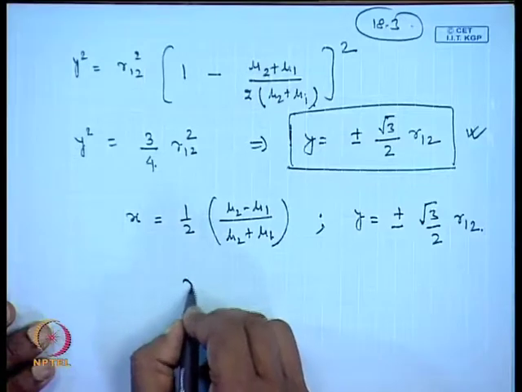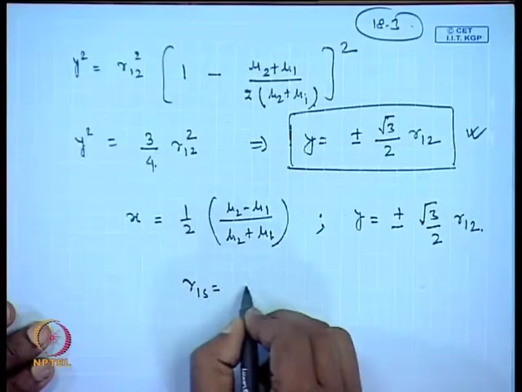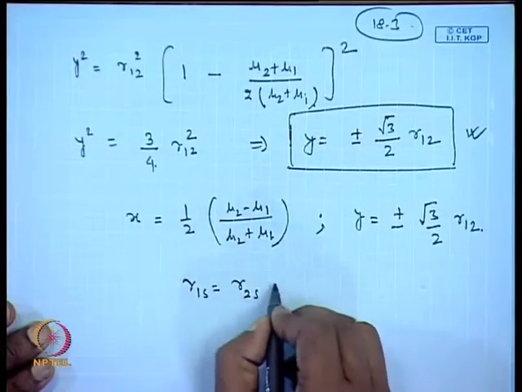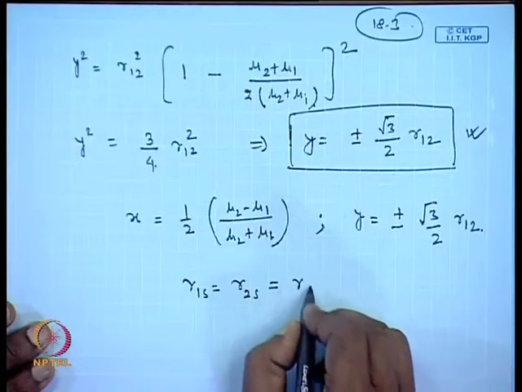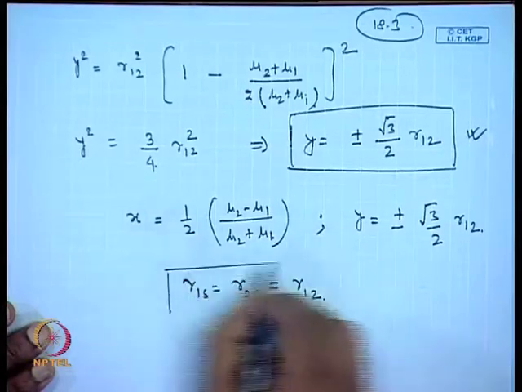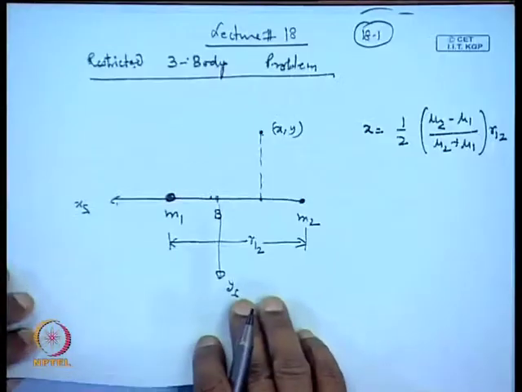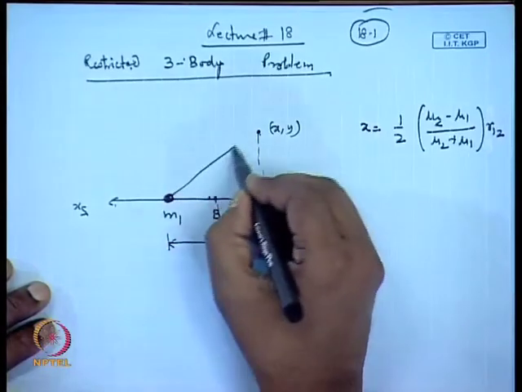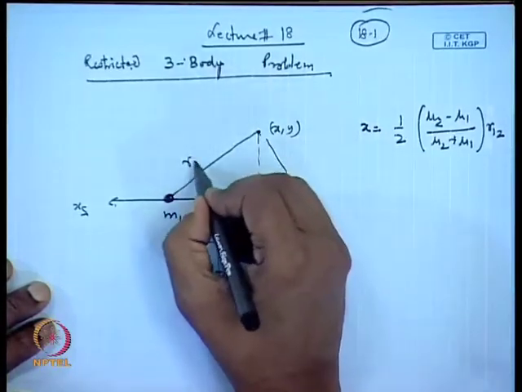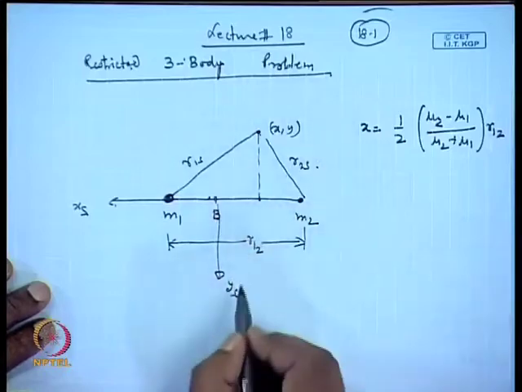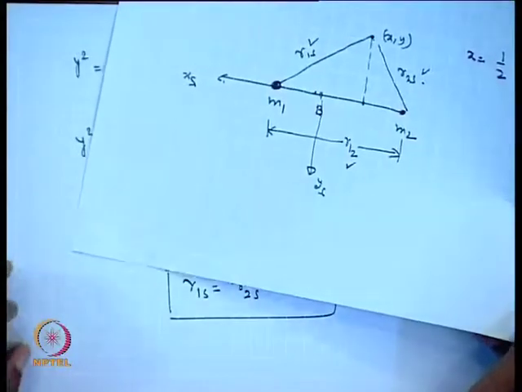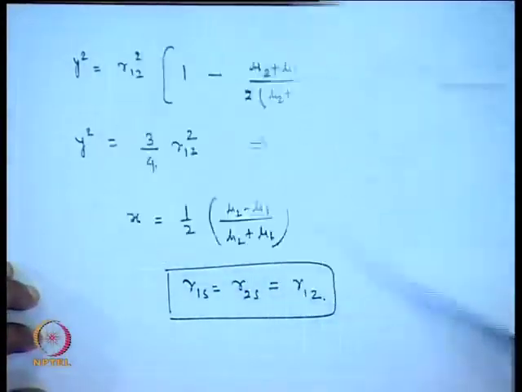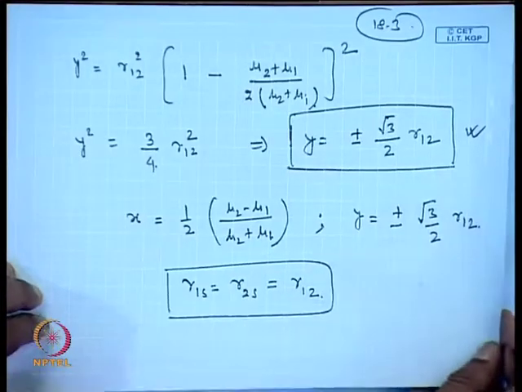We have already proved that r 1 s equals r 2 s equals r 1 2. That is, in this figure, this was the distance r 1 s, this was the distance r 2 s, and this is the distance r 1 2. So, these distances are equal, meaning the point x y along with masses m 1 and m 2 makes an equilateral triangle.